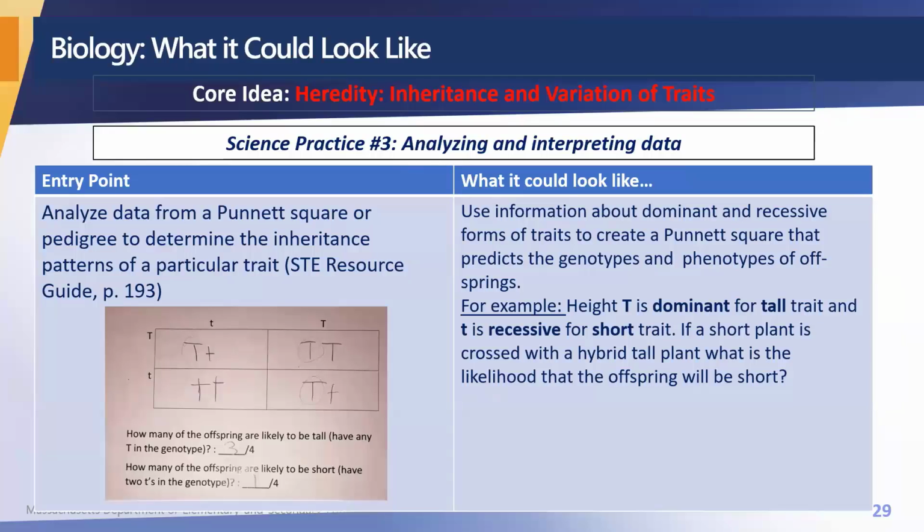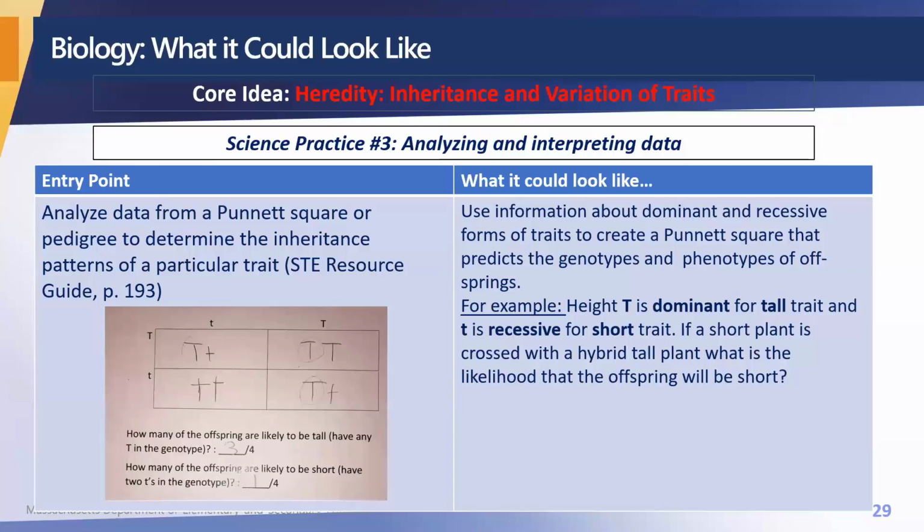And the entry point is to analyze data from a Punnett square or pedigree to determine the inheritance pattern of a particular trait. So what it could look like is using information about dominant and recessive forms of traits to create a Punnett square that predicts the genotypes and phenotypes of offspring. So for example, for height, the capital T is dominant for a tall trait, and the lowercase t is recessive for a short trait.